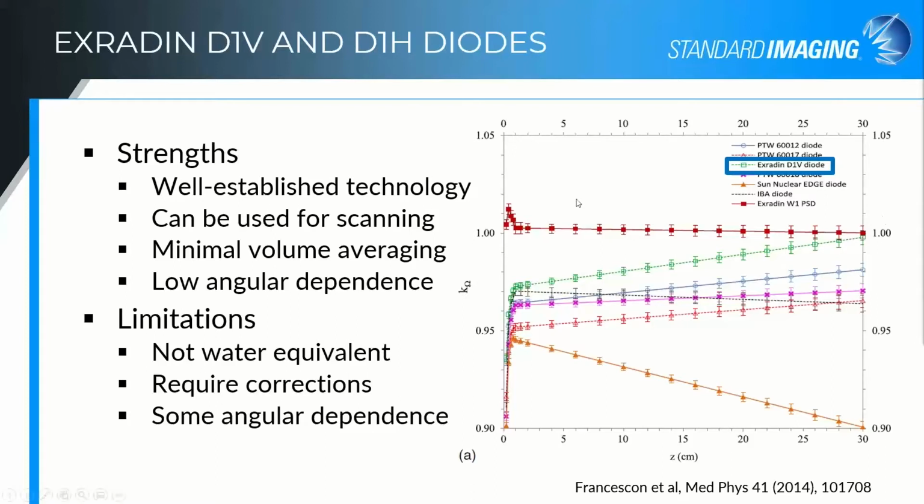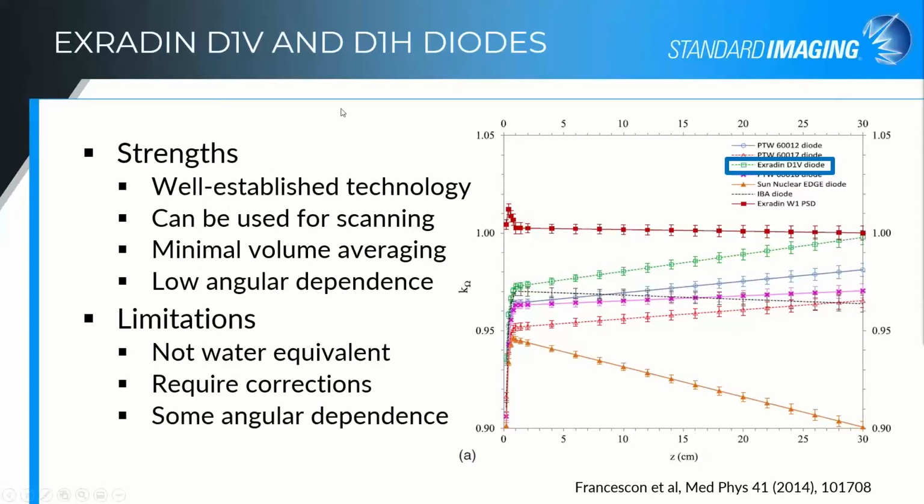Another image here, from a publication from Paulo Francescon, also 2014, showing our diode here in green with the scintillator here in red, both being close to unity, but still, of course, having some corrections that are required in those small fields, just due to the density of the diode material itself.